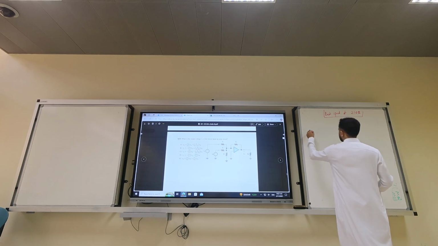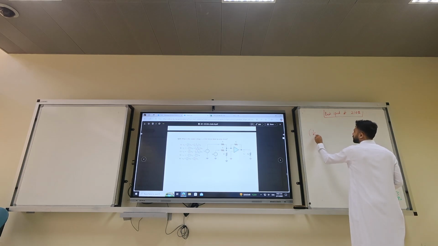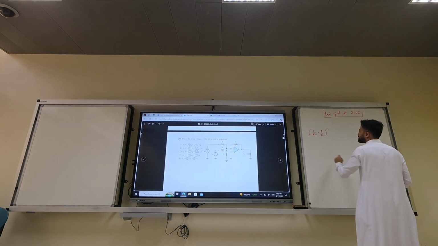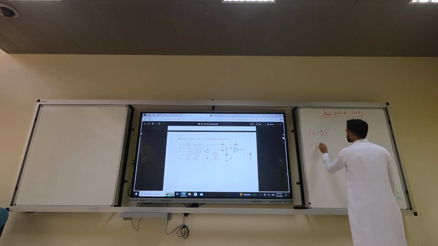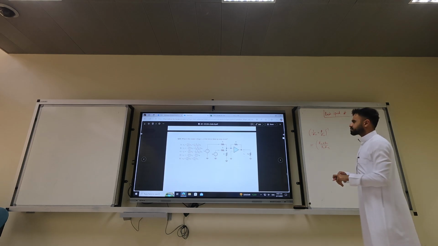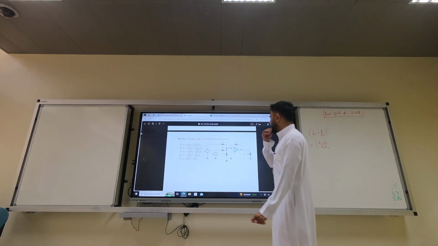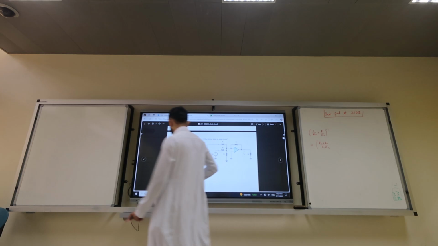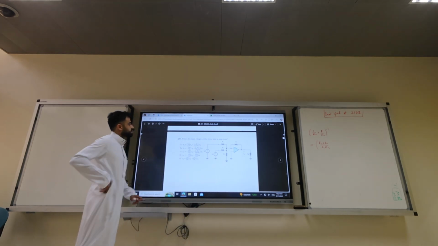What is R4? 1 over R4 plus 1 over R2, inverse. It's going to be what? R2 plus R4 over R2 R4. The reciprocal, right? Yeah.